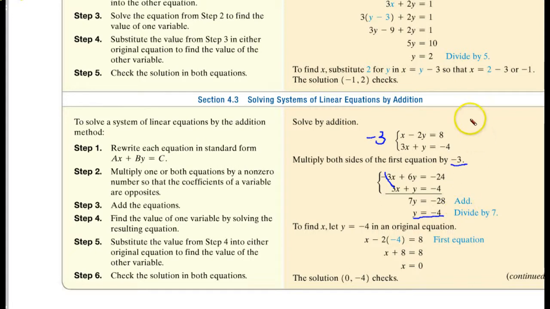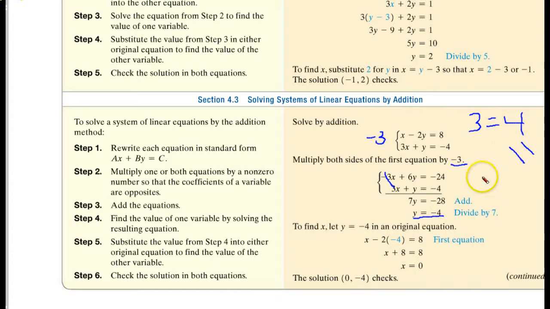It's if you end up with something like 3 equals 4. One of the things we'll look at here, this is not a true statement. If while you're doing your calculations, you get something like this, then the lines are going to be parallel. There's going to be no solution.